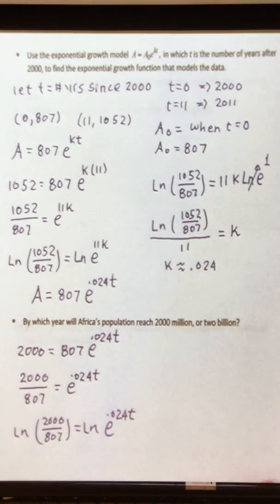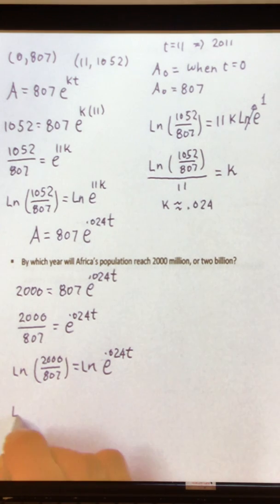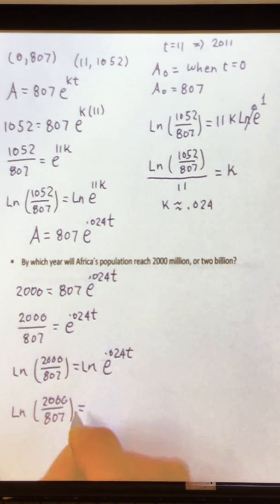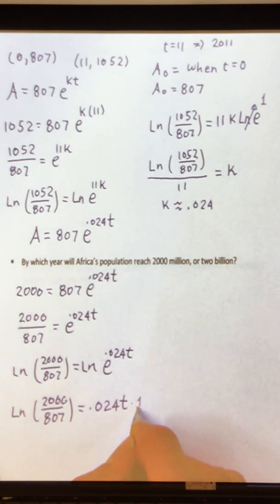Now use the power property of the logarithms by putting the power down in front of the logarithm. So the log of 2,000 divided by 807 is equal to 0.024t log e, which is a 1.